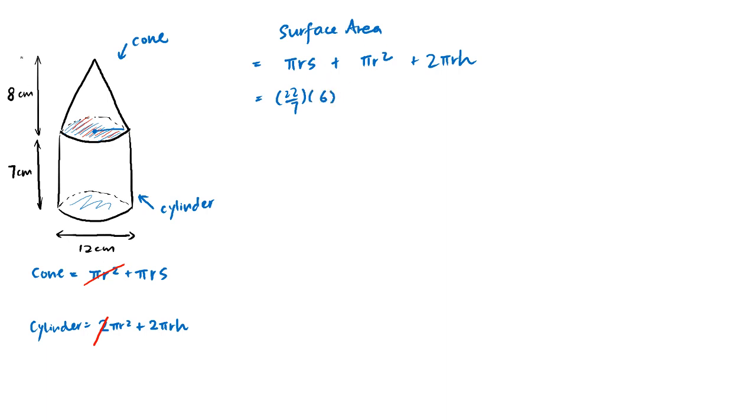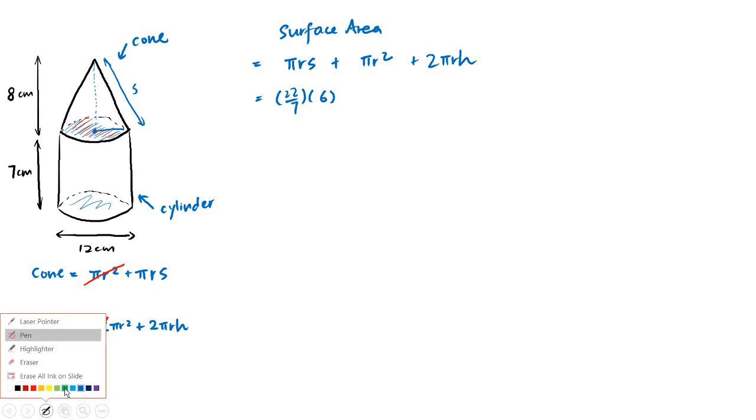Now the slant height is not given. What they give you is the actual height only. This one is the slant height, and this one, the actual height, is 8. So we draw out the triangle over here.